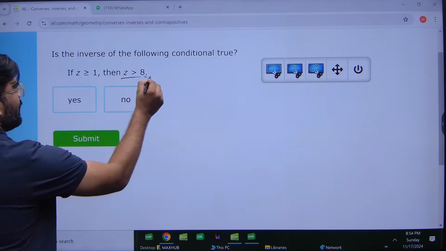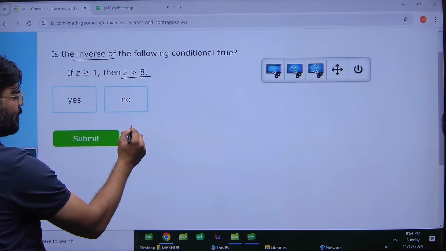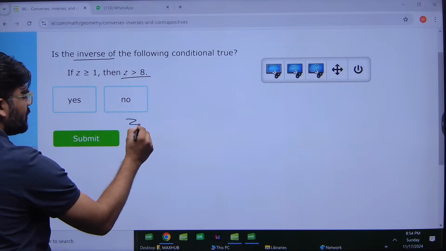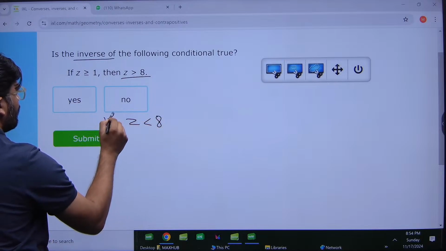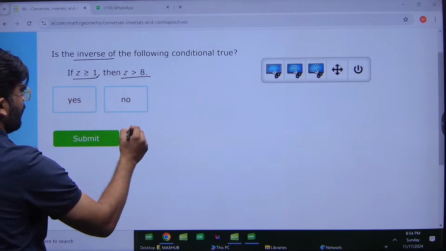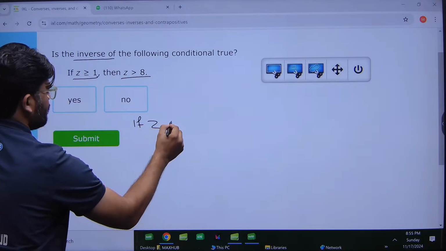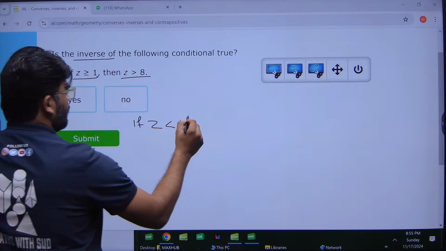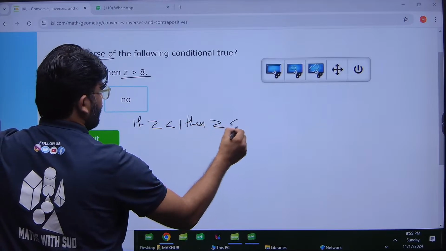So let us change this. Inverse means you have to negate it, right? Negation means if Z is less than 1, then Z is less than 8.